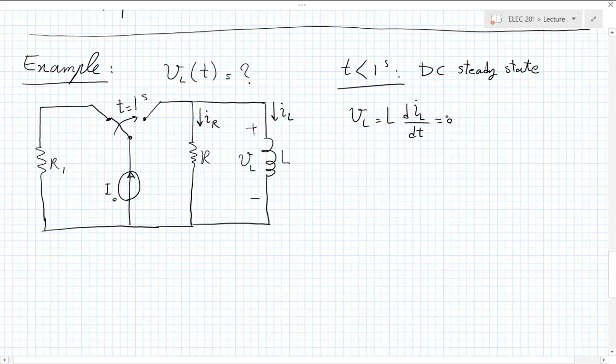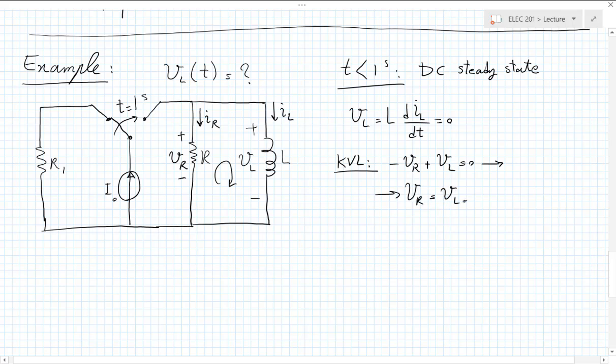And from that, if you consider this KVL, and say this is V sub R, you have minus VR plus VL equals 0. So VR equals VL equals 0. And so from there, you conclude that I sub R, which is VR over R, is 0.